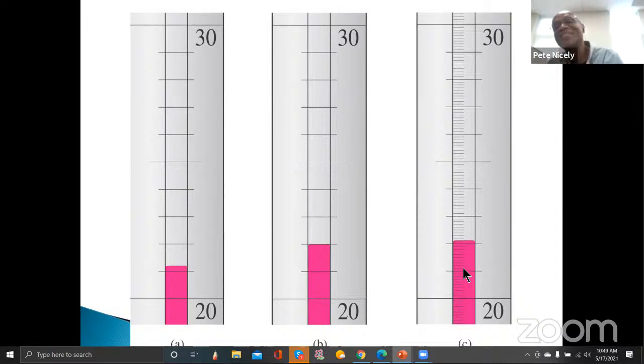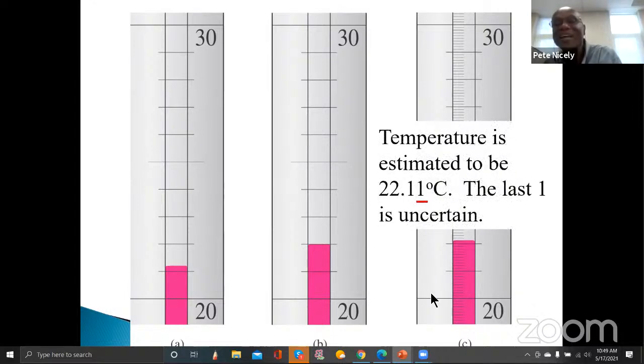What we're not certain about is the digit that comes after 1. It turns out that this represents 22.11 degrees, but in this case, we're not certain about this one right here, so that would be an estimate. So another person could look at this and say, well, this is 22.12, all right? So that basically would represent the temperature being demonstrated here.